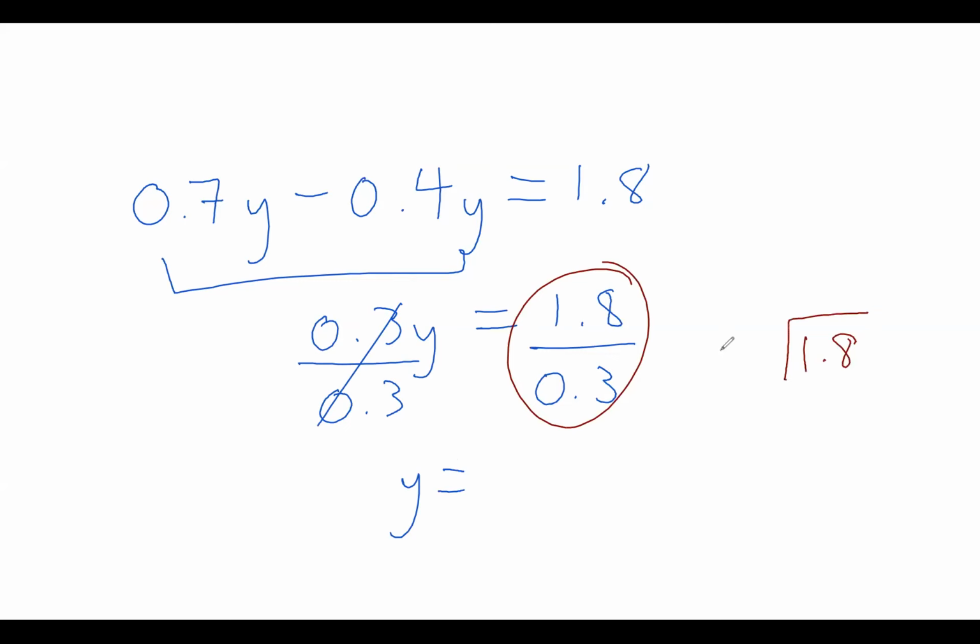So when I write that out using long division, 1.8 divided by 0.3, I'm going to move the decimals. So this gets back to long division with decimals that we've seen just a little bit in our previous unit, I think. I'm going to move the decimals over. So remember how I said we weren't moving the decimals? You kind of need to do it here when you're doing this very last step.